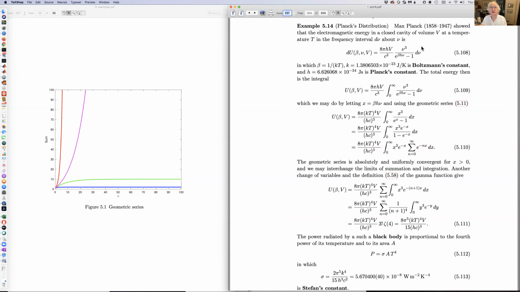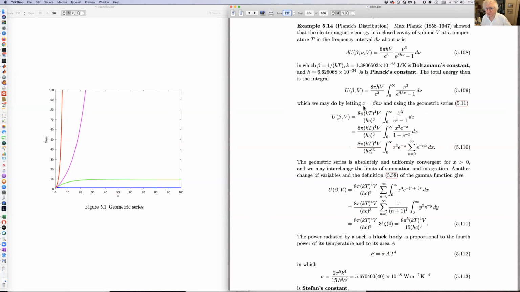Through that tiny hole, you stick in a thermometer or some radiation detector, and you find out what the energy density is and multiply by the volume, and you get this expression. Effectively, the energy density is this thing without the V. So if you compute the total energy, you integrate this. And so we've got to do this integral.